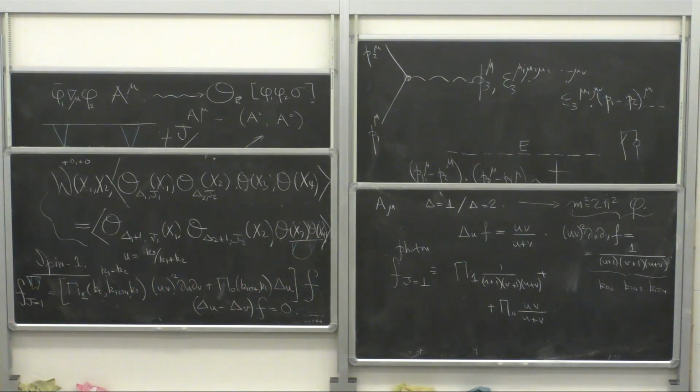If I told you I'm exchanging a particle in de Sitter space and this is the answer, how would you argue that it's the photon? K_T is u plus v.